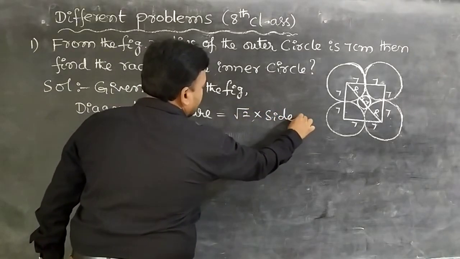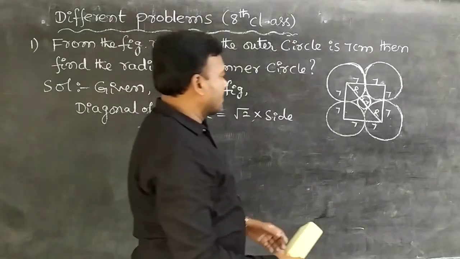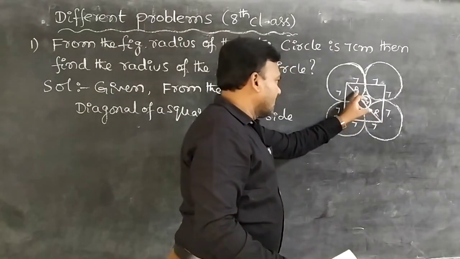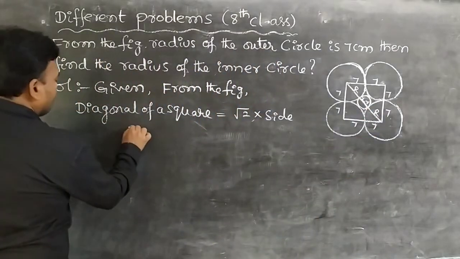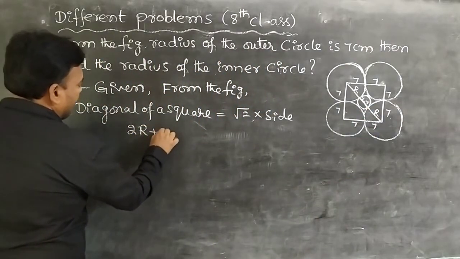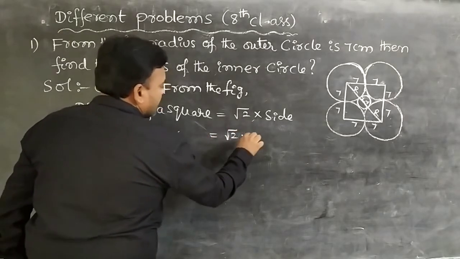Next, the diagonal of a square by joining these, students. So capital R is 2, small r is 2. Then that implies 2 capital R plus 2 small r equals root 2 into side value.